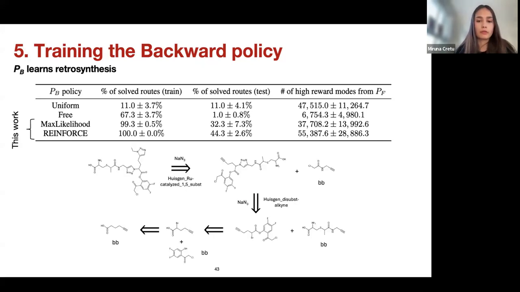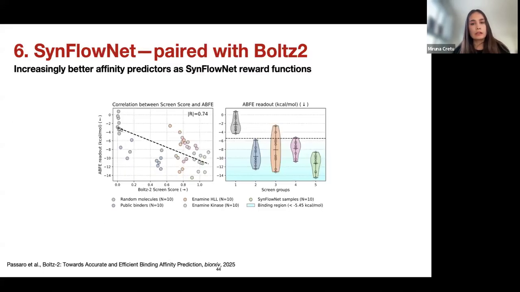And this is an example of a retrosynthesis pathway extracted from our model. And now finally, what's very exciting about SimpliNet is that it can be aided by a parallel line of work where people are developing increasingly better binding affinity predictors.